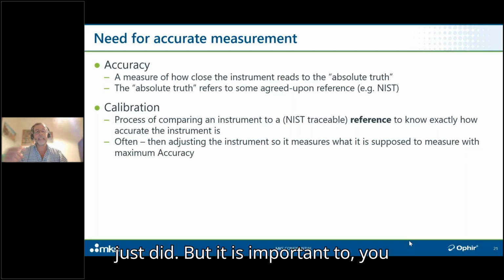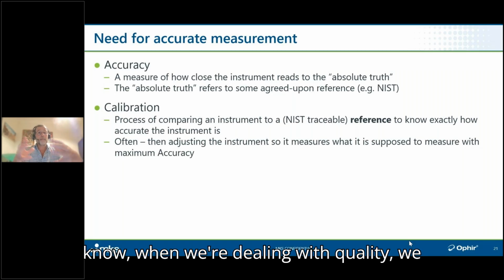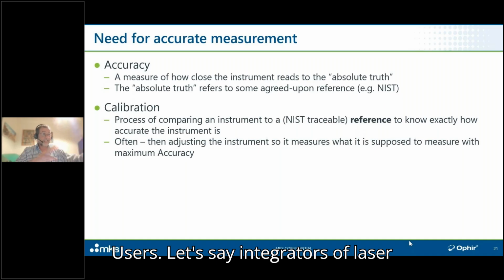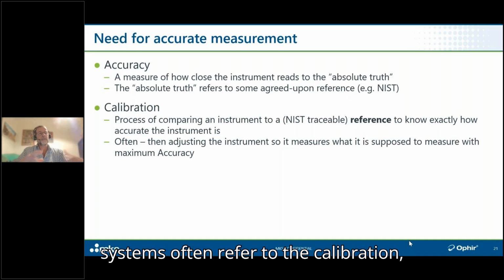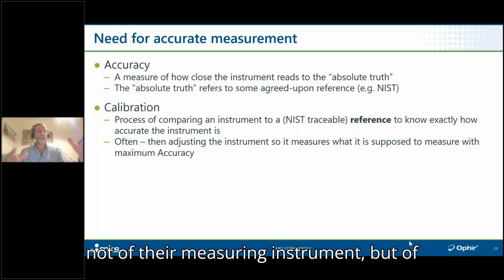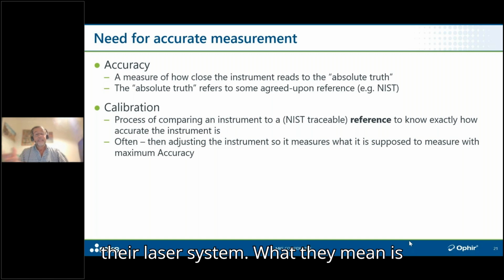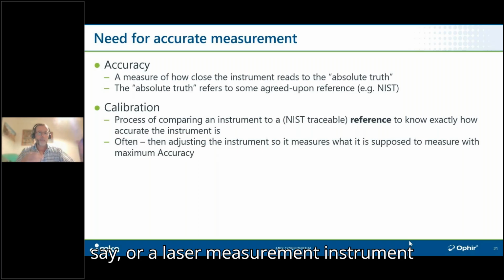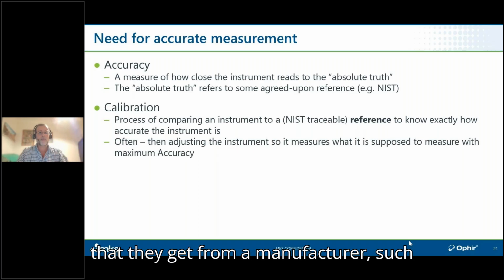What they mean is they're using a laser power meter, or a laser measurement instrument that they get from a manufacturer such as Ophir, to make sure that when their system thinks that it's driving their laser to produce 100 watts, it really is producing 100 watts. Strictly speaking, I don't know if that would be called calibration by a QA professional, but we all understand what we mean, so we're good.